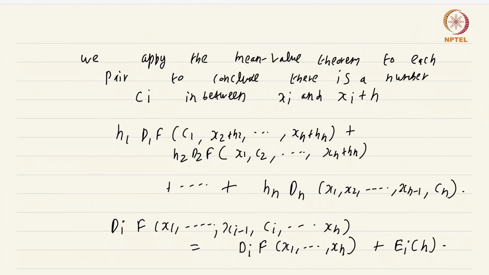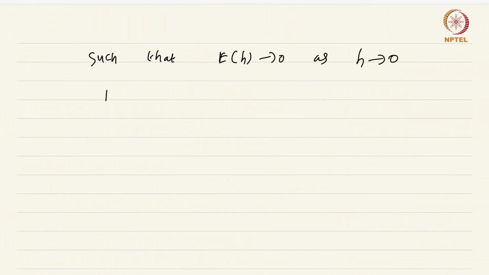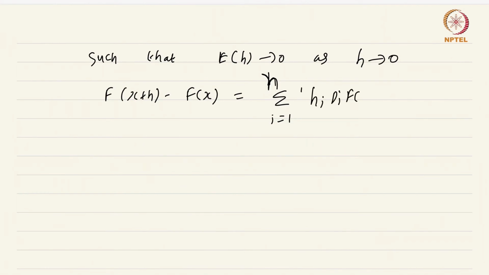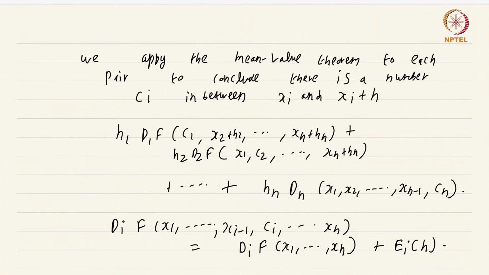So the net upshot of all this is f of x plus h minus f of x is nothing but summation i equals 1 to n, h_i d_i f(x) plus h_i e_i(h). Okay, this just follows from this expression here.